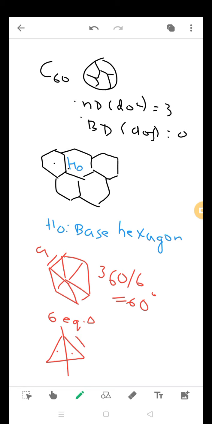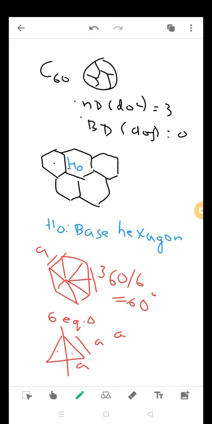This one is A, this one is also A. So the hypotenuse is A, and this one is A by 2. This length is supposed to be A by 2.